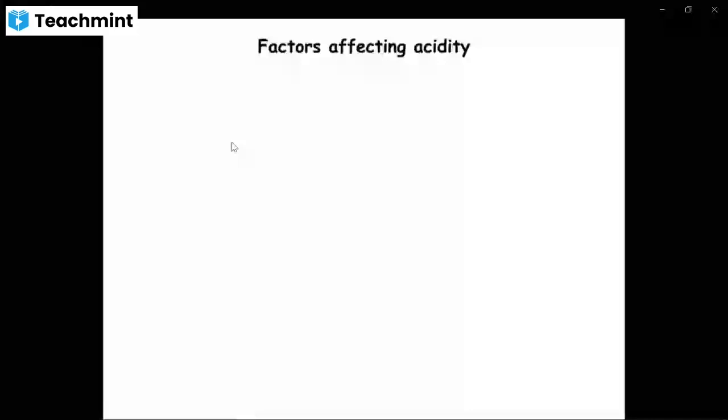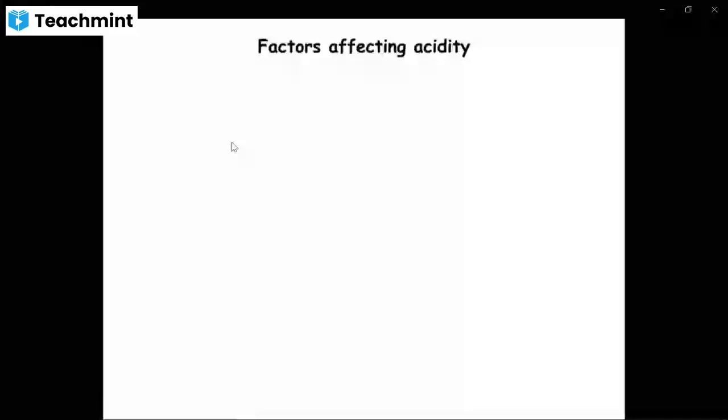I am not going into the definitions of all these things because these are very preliminary topics and we are talking about CSIR-NET. So we will discuss more examples here. Acidity means the species which gives H plus is an acid, as simple as that.